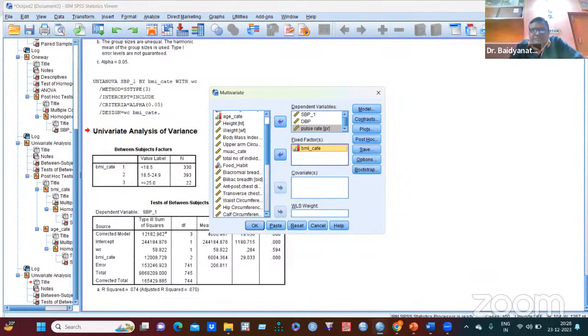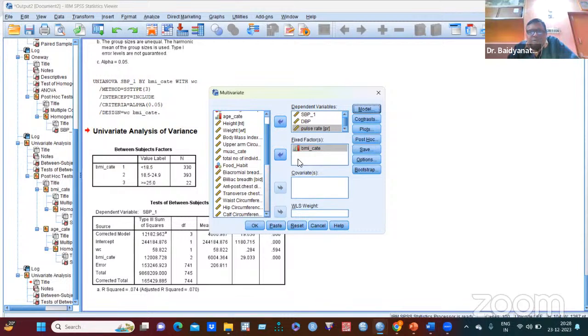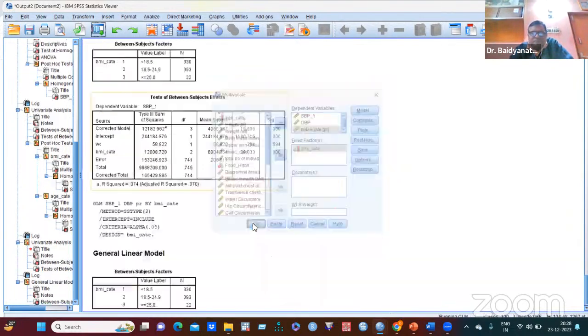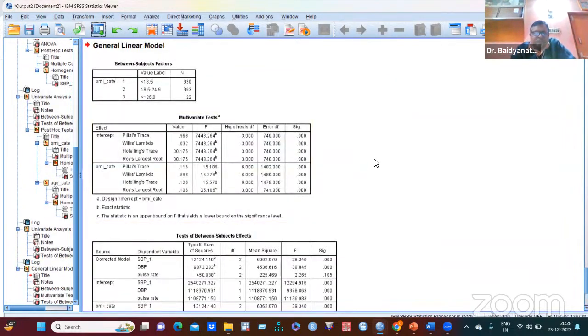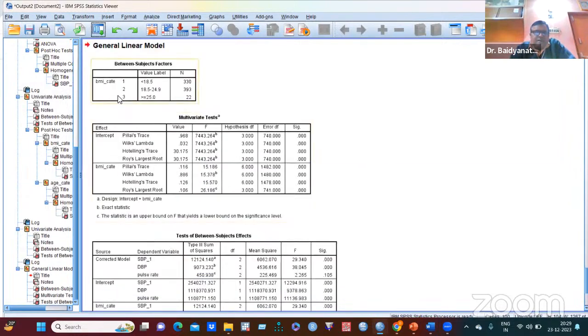Now, model not required. Contrast, post hoc. If you require, you can put the post hoc also, otherwise okay. So check here. There are independent variables, 3 categories, and the number of observations.